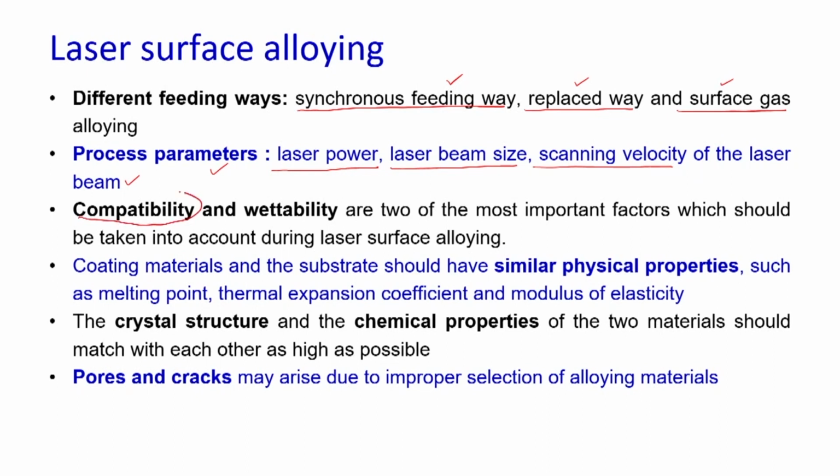Moreover, for the powder which we will try to deposit on the surface, its properties matter, in particular the compatibility of that foreign powder to be deposited on the substrate material, that is one point. And the second one is wettability. Wettability is the property of the liquid to get held on the solid surface. As we are liquefying the solid material, it may be in the form of particles or in wire form, and that has to stay on the surface of the substrate material to get solidified.